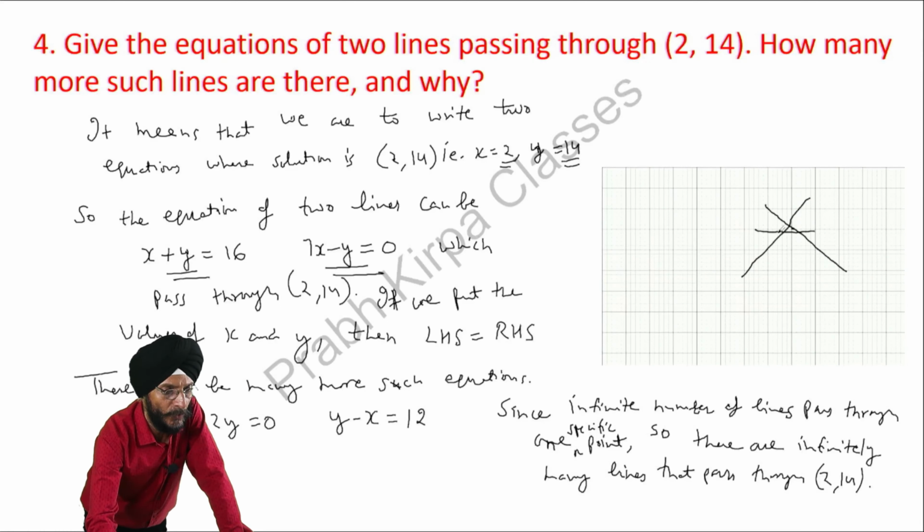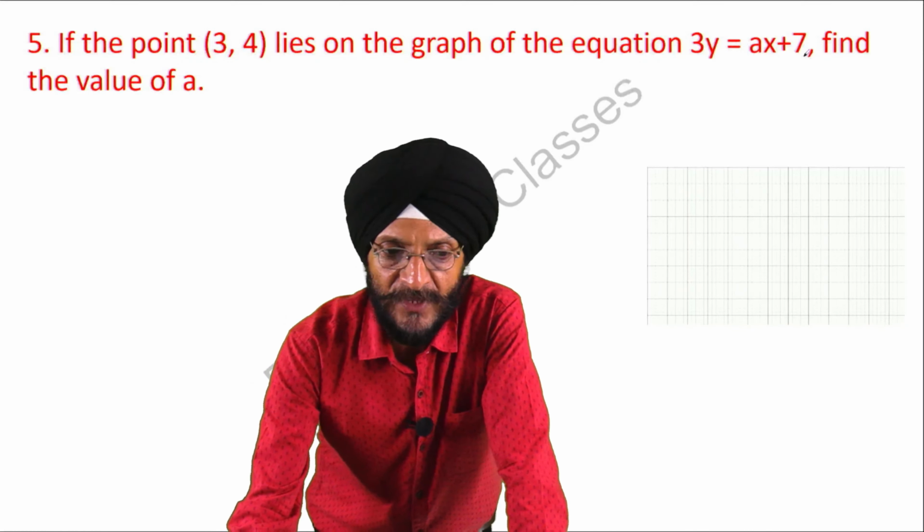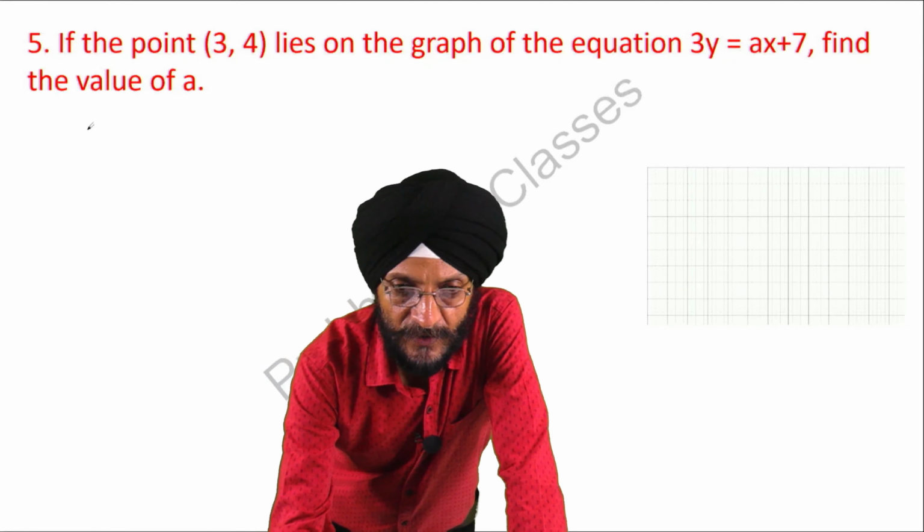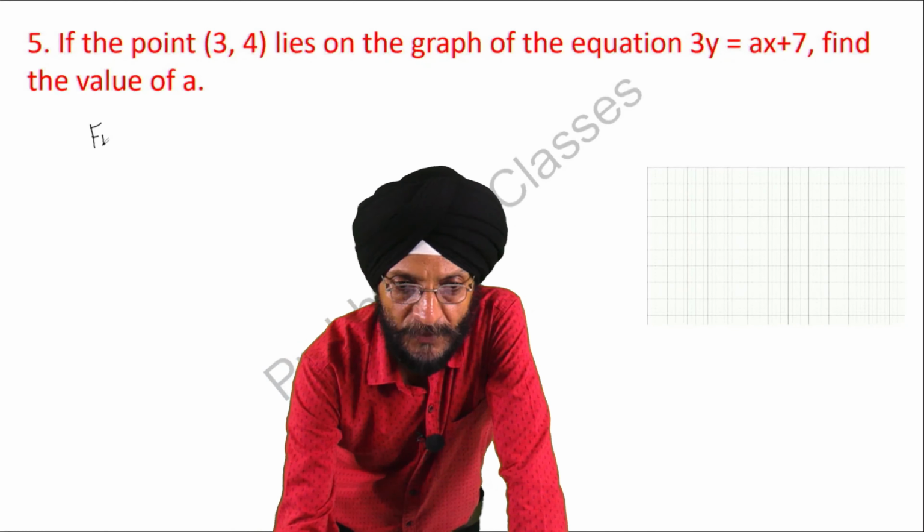If the point (3, 4) lies on the graph of the equation 3y = ax + 7, find the value of a. From the question, we find the solution given as, what is the solution given? (3, 4).